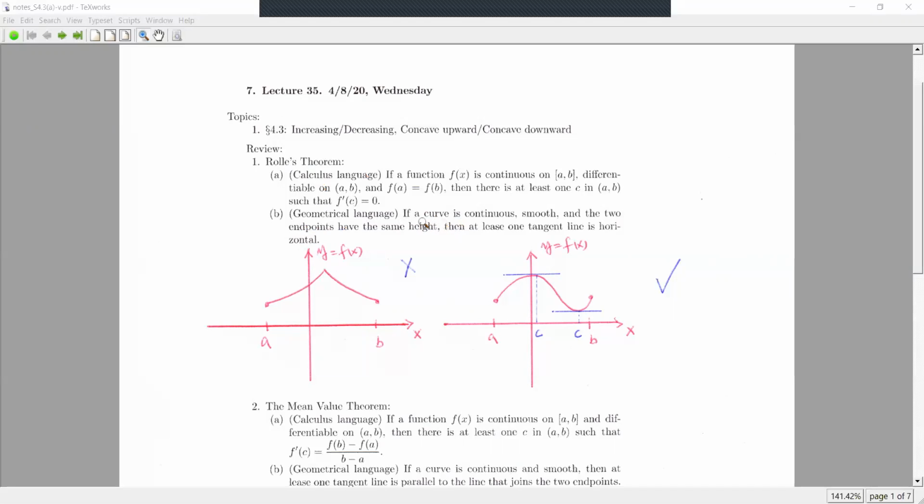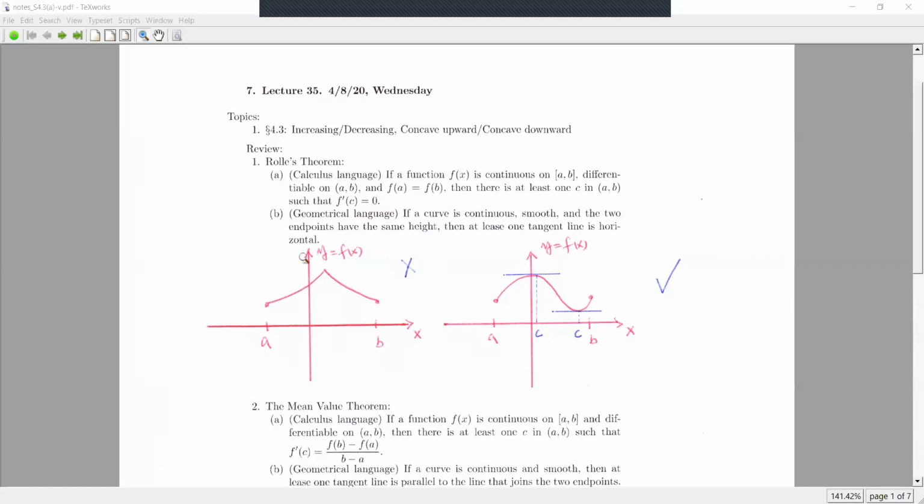If a curve, a function, is continuous, smooth, no corner, derivative exists, and the two endpoints of the curve have the same height, function values are equal, then at least one tangent line is horizontal. Derivative is the slope of a tangent line. Derivative is 0. That means that the tangent line is horizontal.